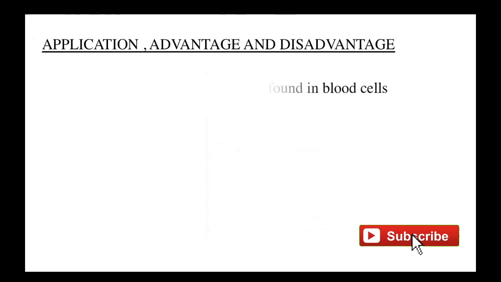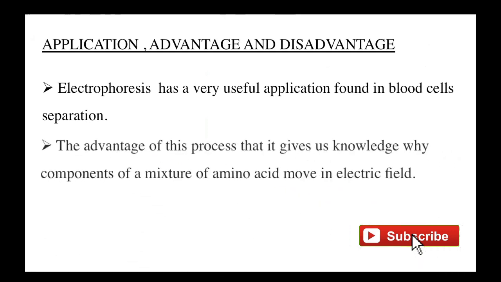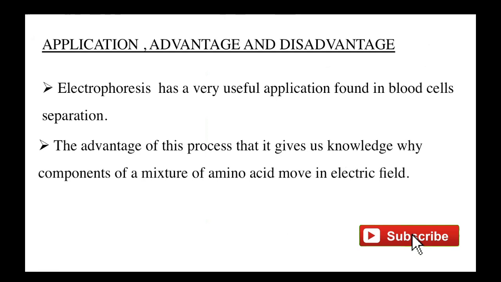Now coming to the applications, advantages and disadvantages. Point number one, electrophoresis has a very useful application in blood cell separations. The advantage is that it gives us the knowledge of how the components of a mixture of amino acids move in an electric field.